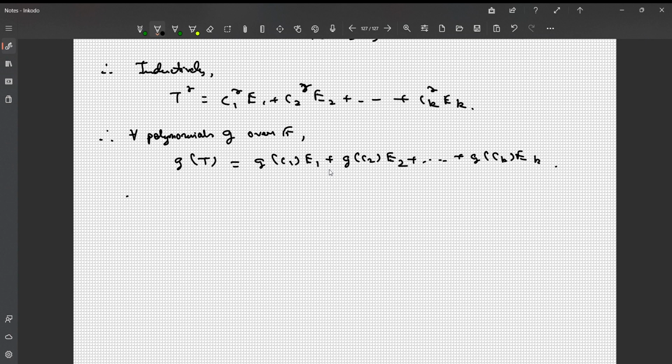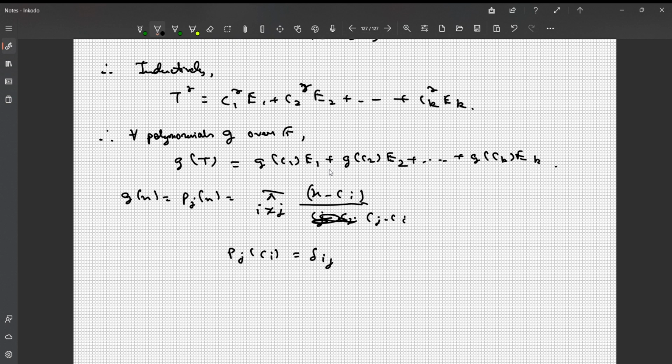This is just an observation: if I choose the Lagrange interpolant polynomial, that is, we choose g(x), which is necessarily written as Pj(x), the product of these forms where i is not equal to j, (x minus ci) over (cj minus ci).